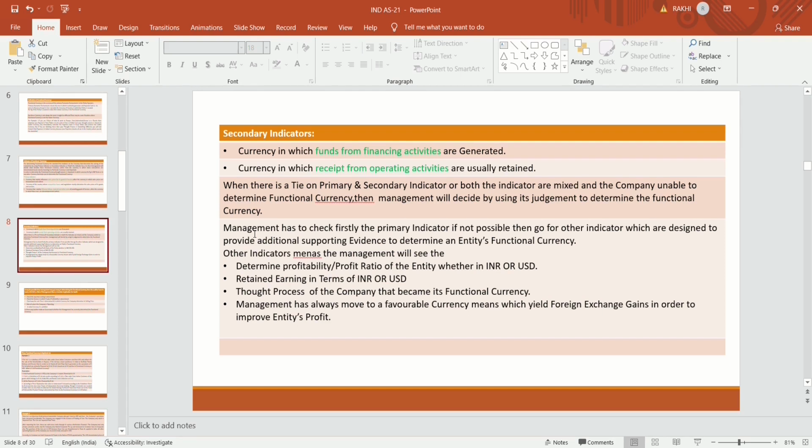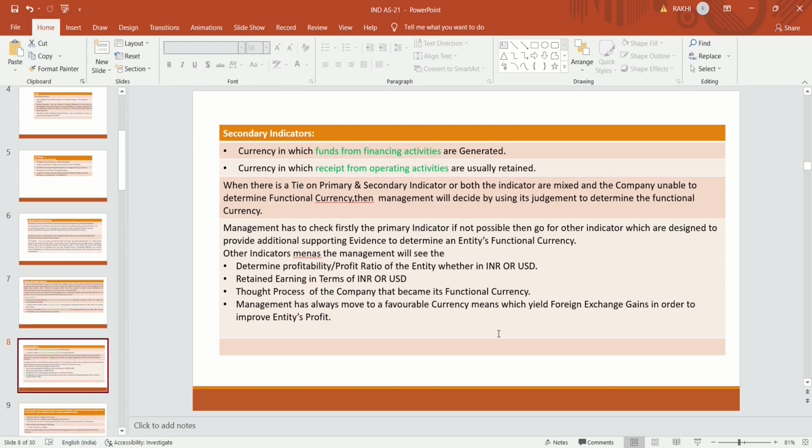Management has to check how it will determine which currency to take into consideration. Management has to take the primary indicator first. If that is not possible, then go for the other indicators, which are designed to provide additional supporting evidence to determine an entity's functional currency. What are the other indicators?